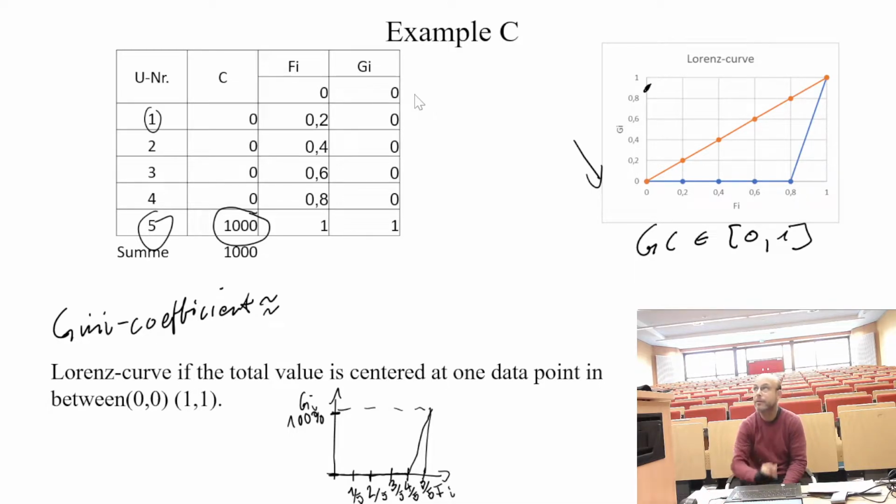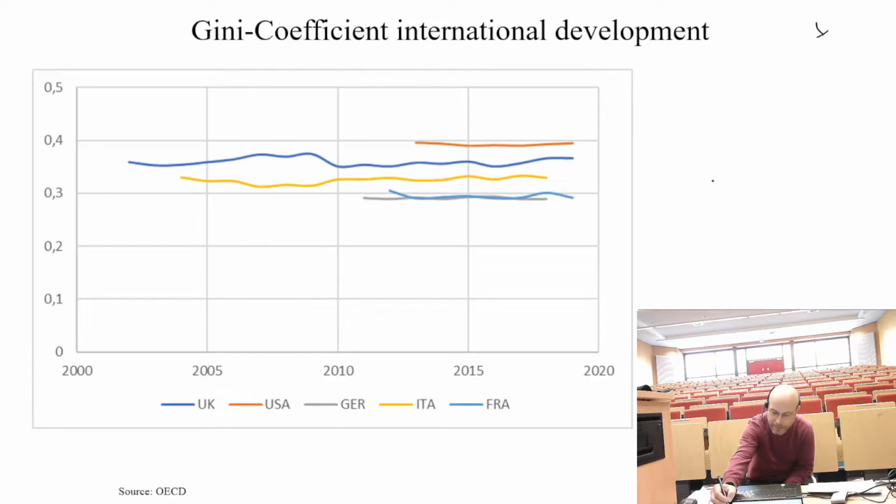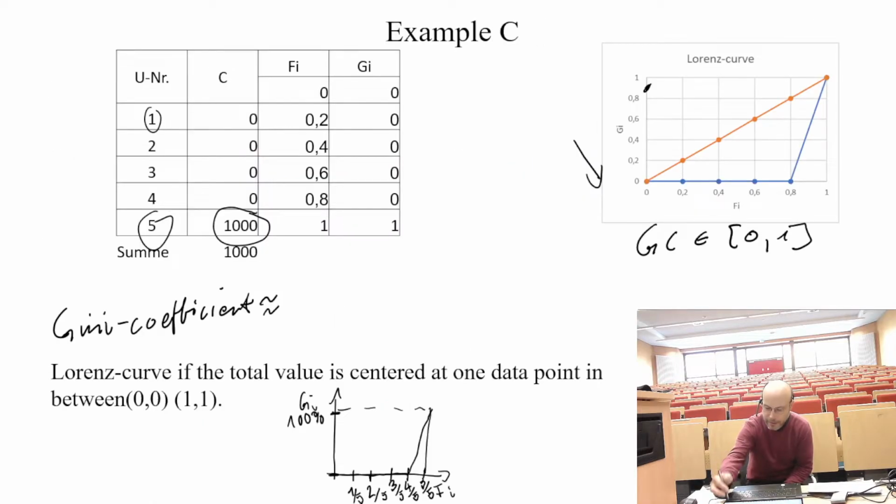And if we have the most unequal distribution, then we are at the other extreme point. So this should be in the neighborhood of 1.